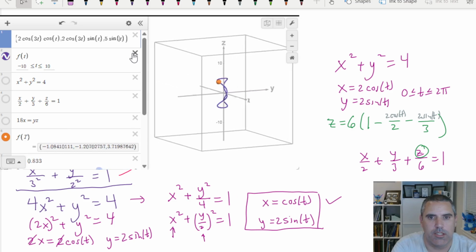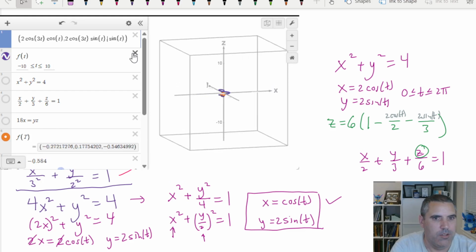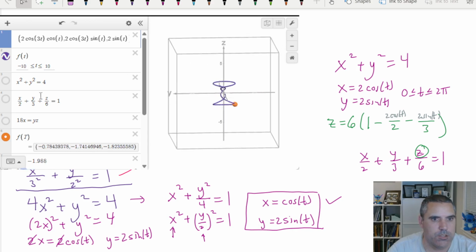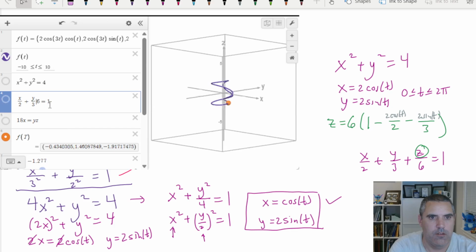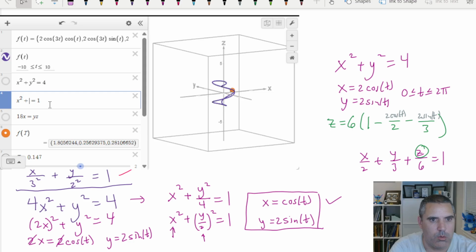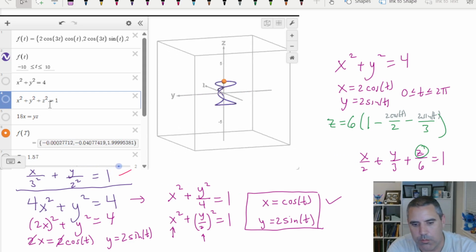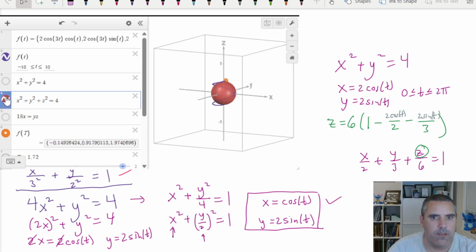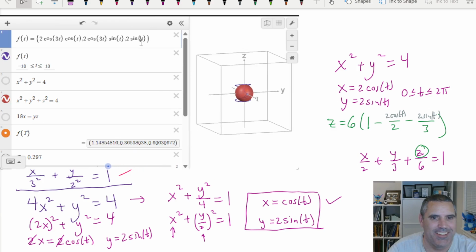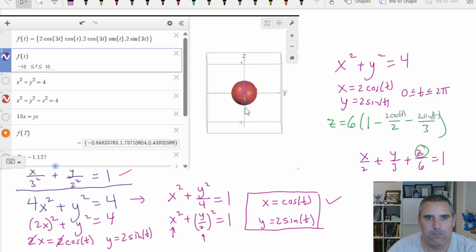But you can now make the thing spin around a sphere in a certain way. So right now I'm trying to do x squared plus y squared plus z squared equals 4. And, oop, I didn't get on there, did I? I lied. That needs to be a 3. Now I'm on the sphere forever.